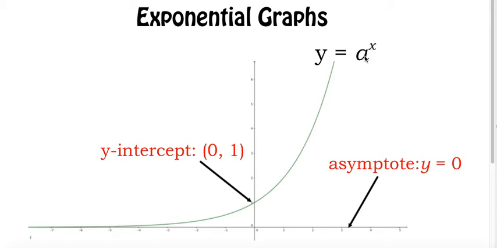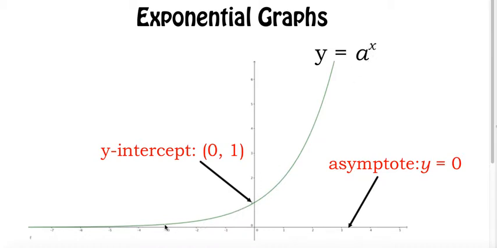It makes sense because if you replace the a with 2 or 3 or 4, any number you like, as soon as you start raising that to a positive power, those numbers are going to get big quite quickly. So that's why it's getting very steep in the positive x direction here. Also, you should know now that we've done some work on exponential functions, that when you raise it to a negative power, you actually write it as a fraction.